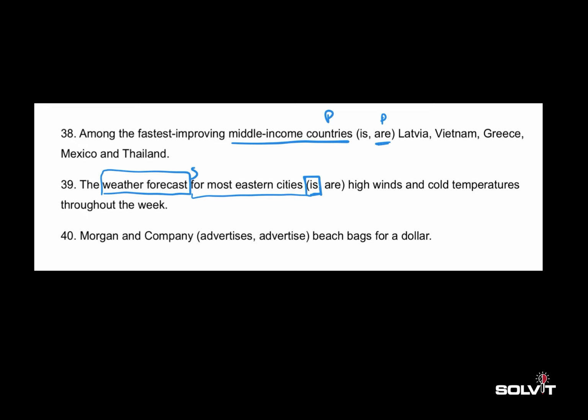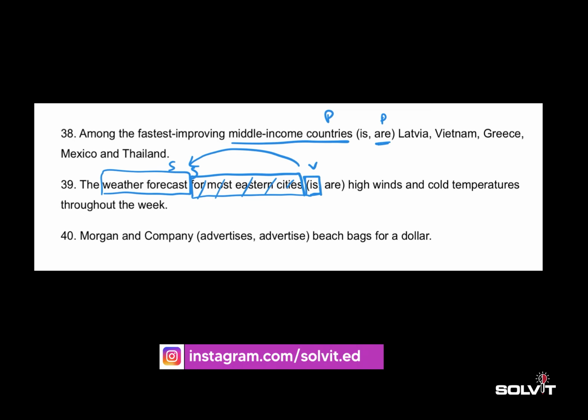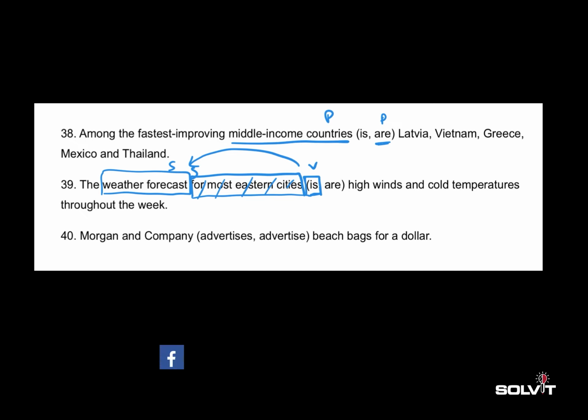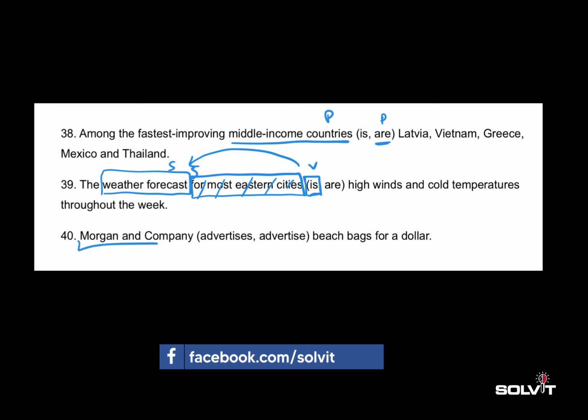Okay, because remember, connect the subject with the verb, ignore what is in the middle, imagine this is not there, and just make sure that the subject and the verb are agreeing with each other. Okay, number 40 is: Morgan and Company dash beach bags for $1. Now see, Morgan and Company is the name of a company, right? It's one company, so it's singular.